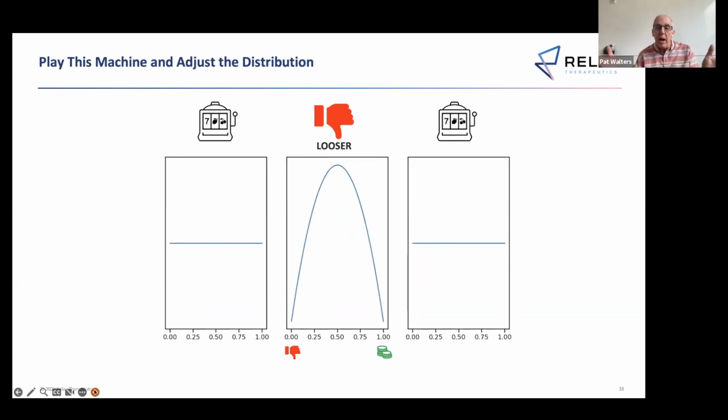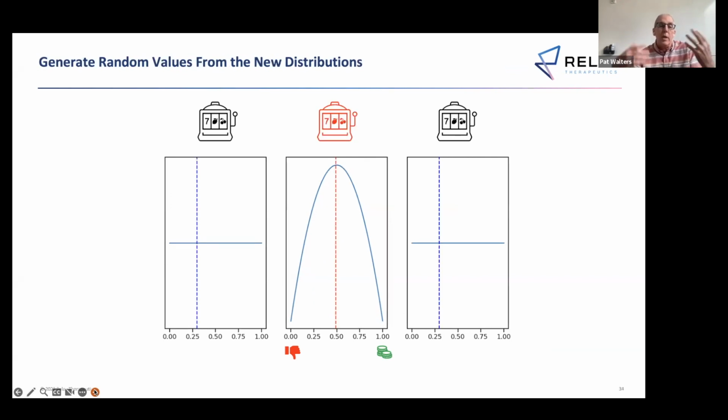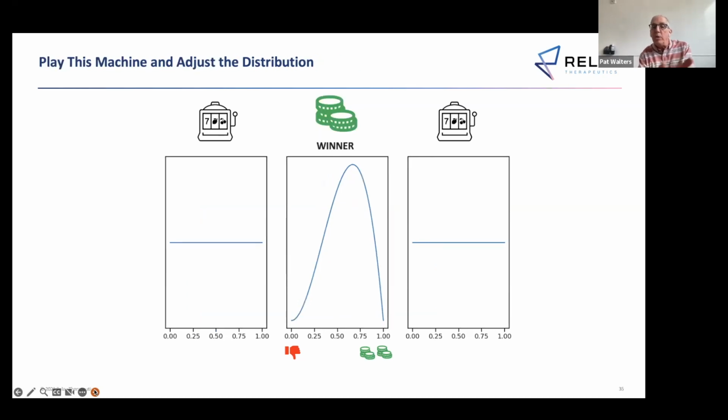This time I lost. So now I have a normal distribution associated there. Again, I'll do another random draw. I'll pick a random number from each of those distributions. Based on those pulls, I again get the middle slot machine. So I'm going to adjust the distribution associated with that middle slot machine. You'll see that now the distribution shifts a little bit more to the right.